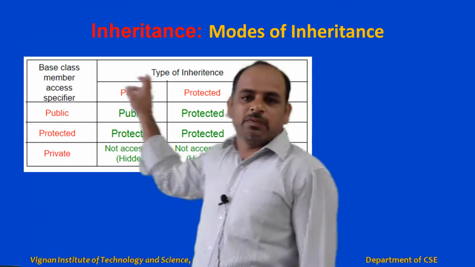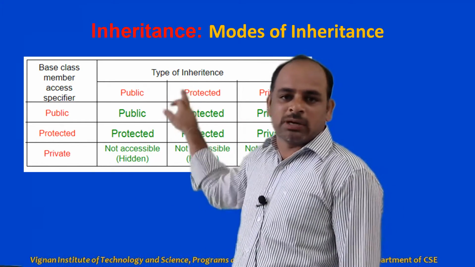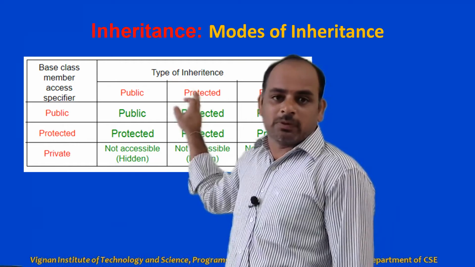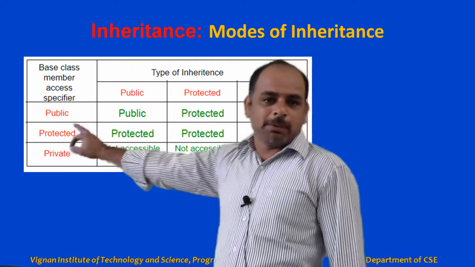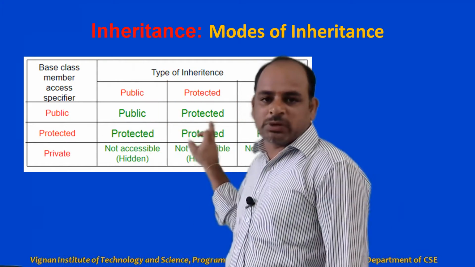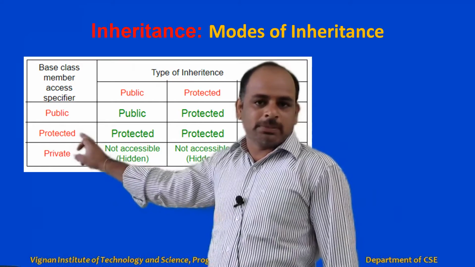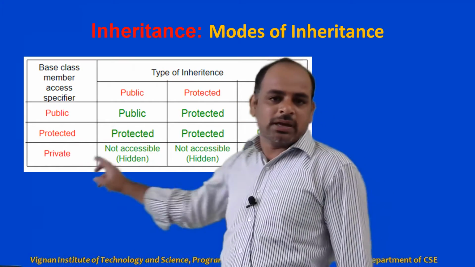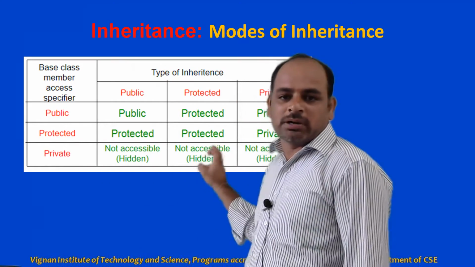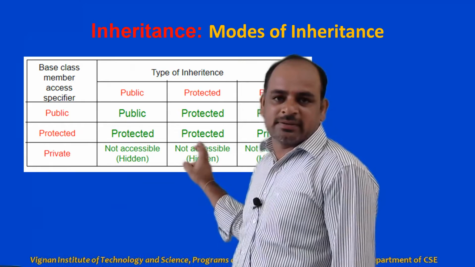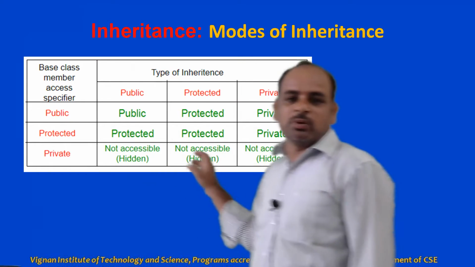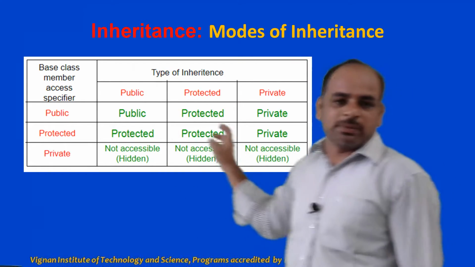Similarly, if you derive a new class or child class in protected mode from the base class, then the public member of the base class becomes protected, the protected member of the base class becomes protected, and private members are not accessible here. These are hidden. In all the cases, mostly the private members are not accessible.